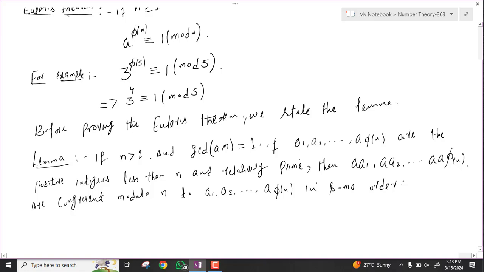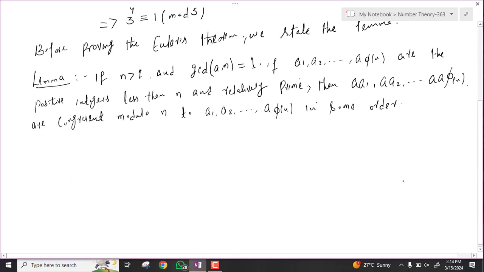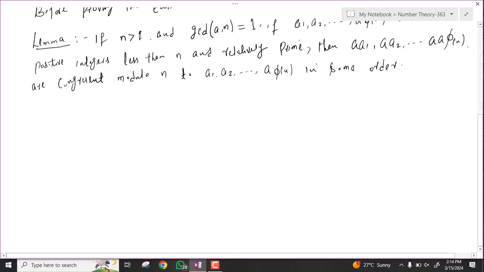Now we will use this lemma to prove Euler's theorem. Now I will write down the proof of Euler's theorem. I will take first n equals 1.